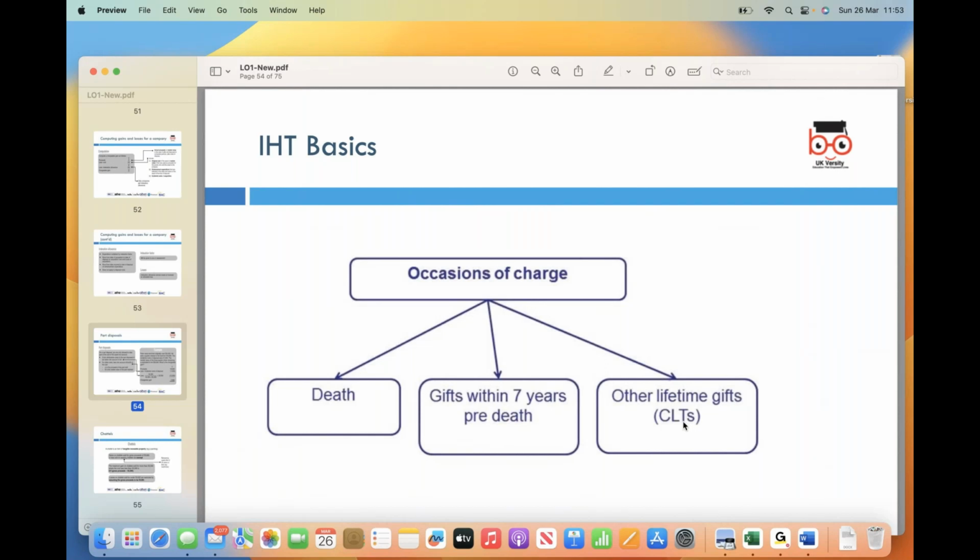Inheritance tax is charged on the transfer of value of all assets from a chargeable person to another person, where the transfer results in a loss to the estate. All estates are considered chargeable property, and there are no exempt assets for IHT purposes.